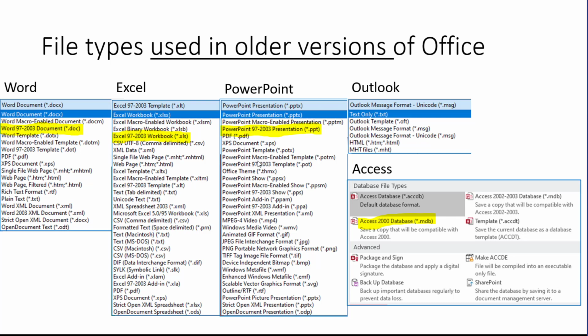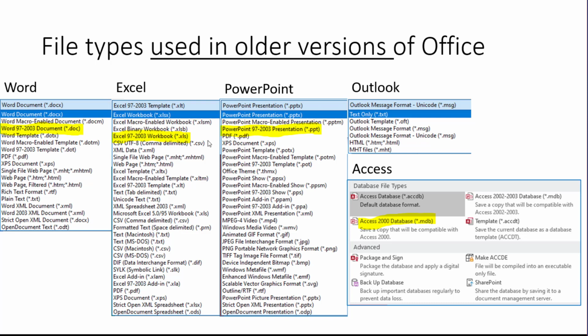Now, back in the old days of computing with Microsoft Office, we used a file extension that did not end with an X. Notice it says that for a file that could be used by somebody using an older version of Word all the way back to 1997, all the way up through 2003, then you would just use a file extension of .doc.